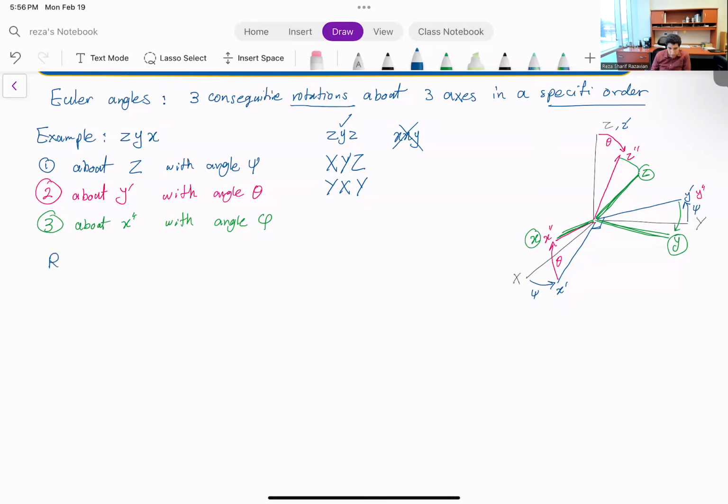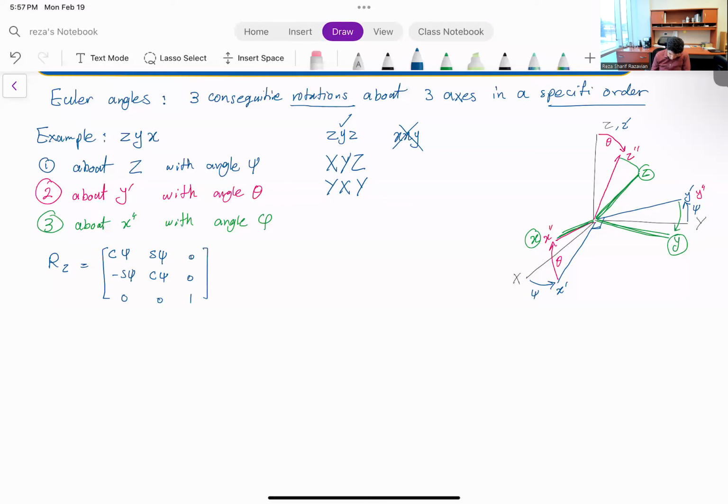The first rotation is about Z, and you know the 3D rotation matrix about Z is cosine of psi, sine of psi, minus sine of psi, cosine of psi, 0, 0, 1, 0, 0.